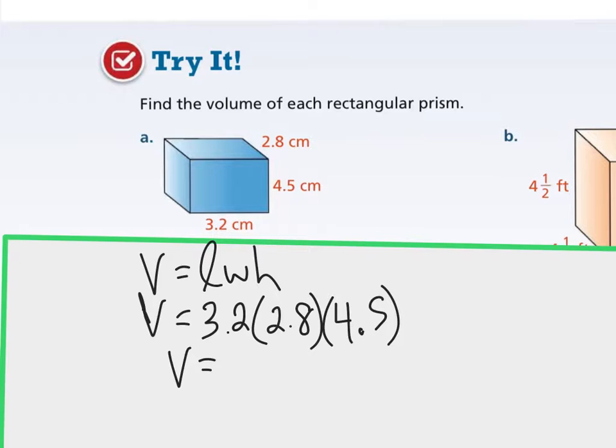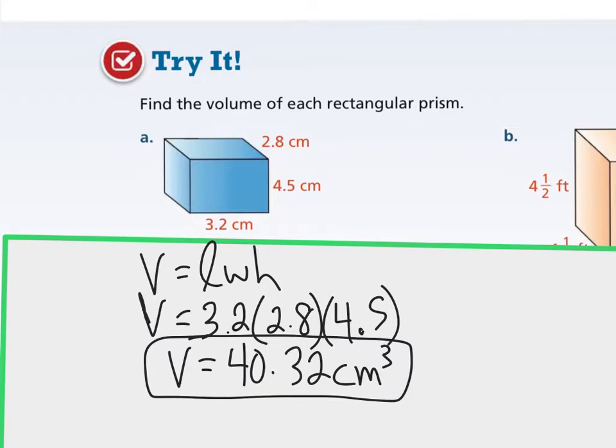So if you multiply those, that would be 40 32/100 cubic centimeters. All right, and we're not going to worry about changing that to a mixed number answer. You can just leave it like that.